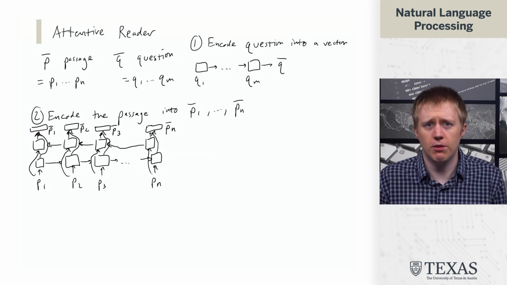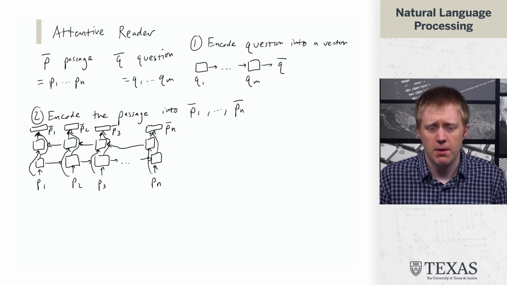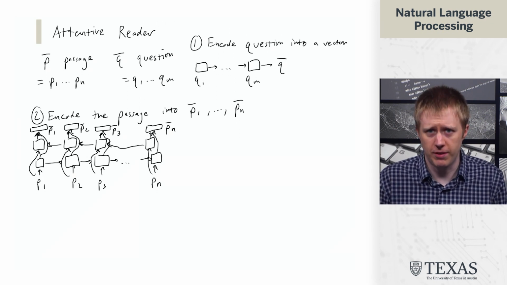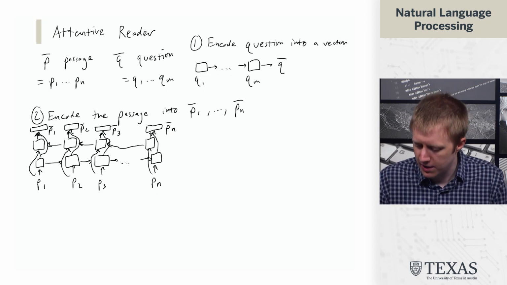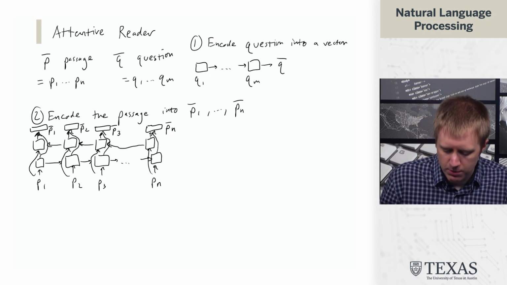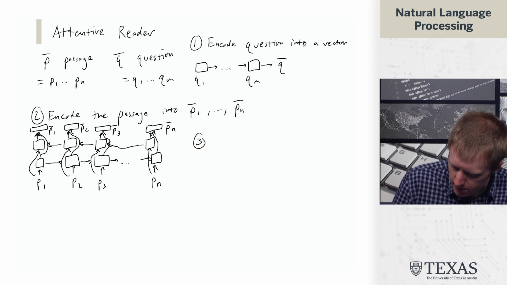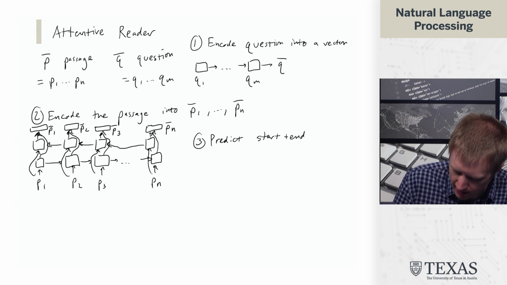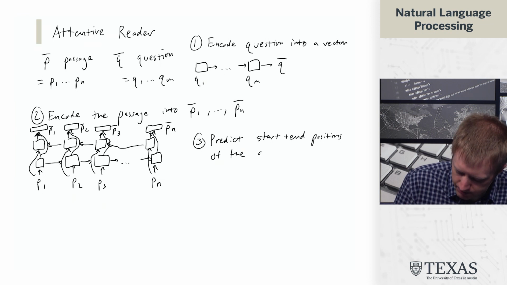Basically, for each word now, we've mapped it into a context-aware vector. And now we want to predict the start and end positions of the answer.